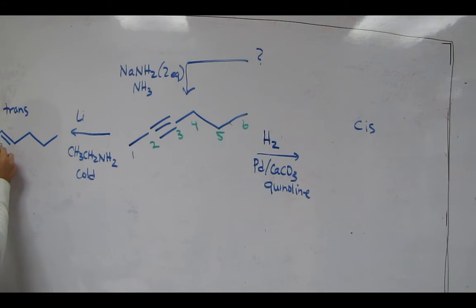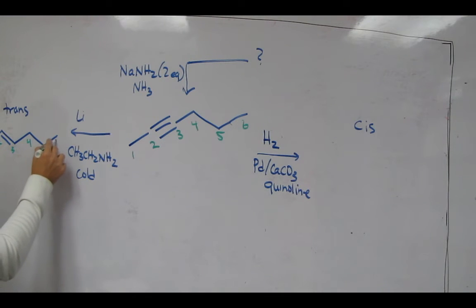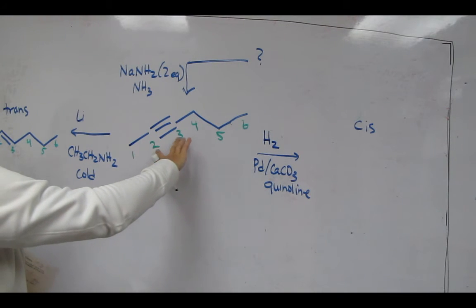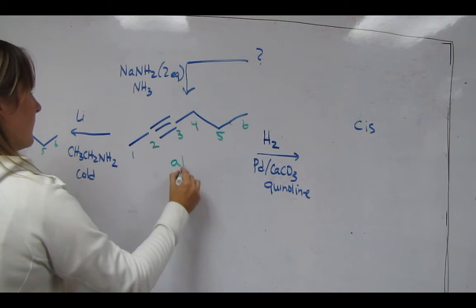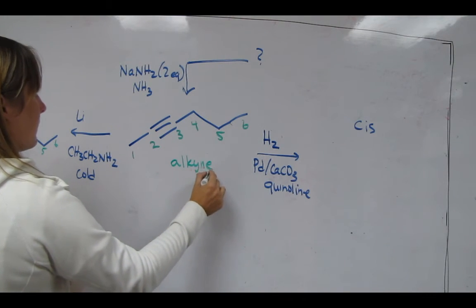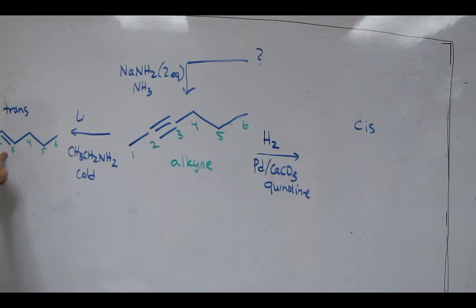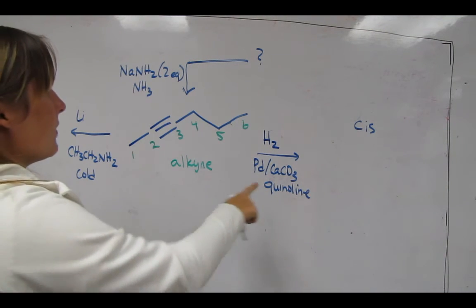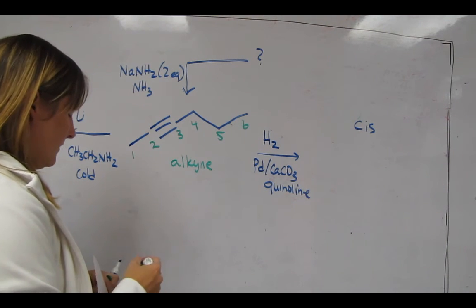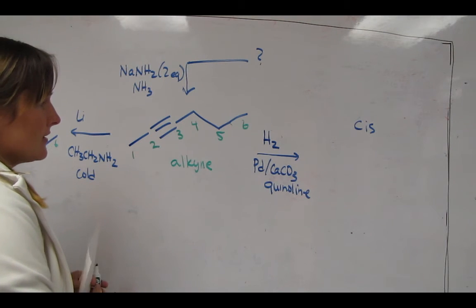And so remember it's between carbons 2 and 3, so we're reducing from alkyne to trans-alkene.